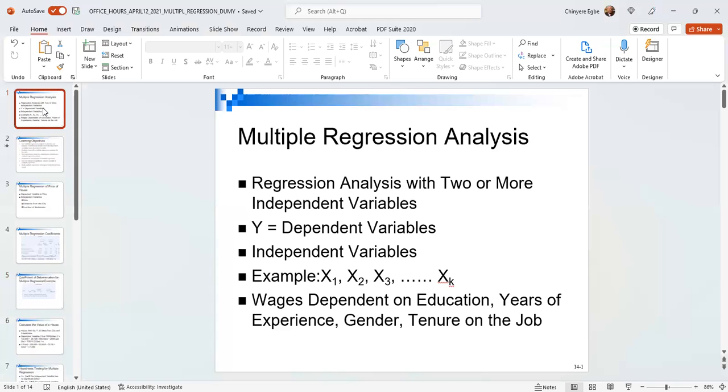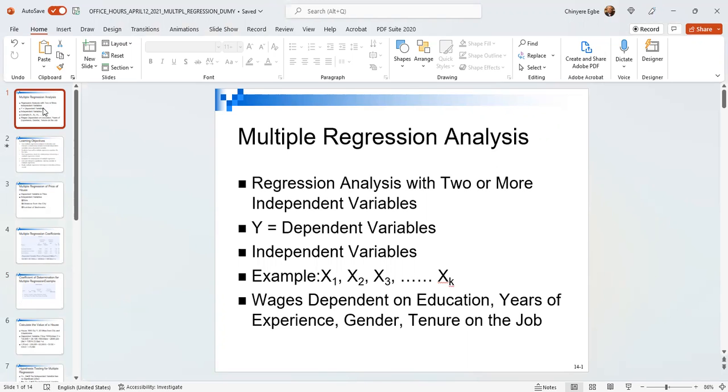Now for an illustration or an example, let us say the wages that somebody earns, the kind of salary they are paid, depend on the amount of education, the years of experience, gender, and tenure on the job. Somebody who has stayed longer on the job is expected to earn more money than somebody who has stayed less.